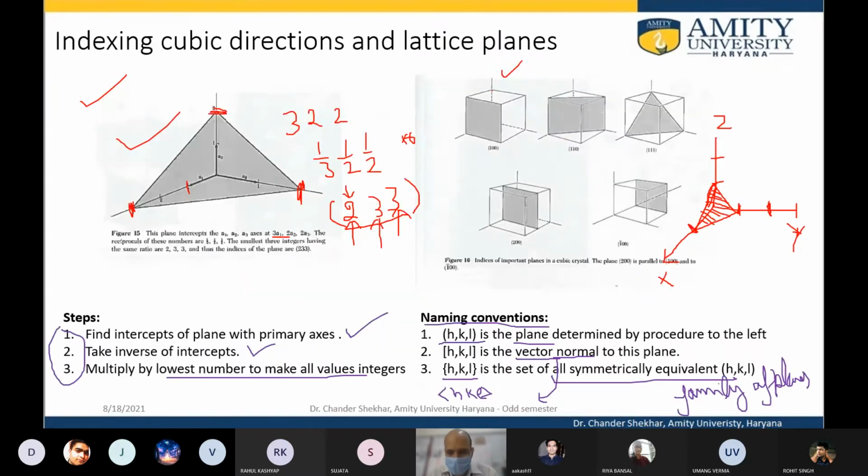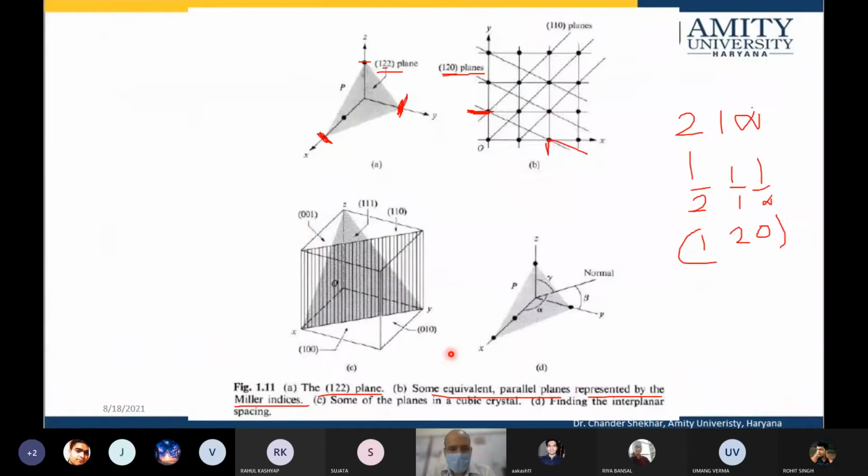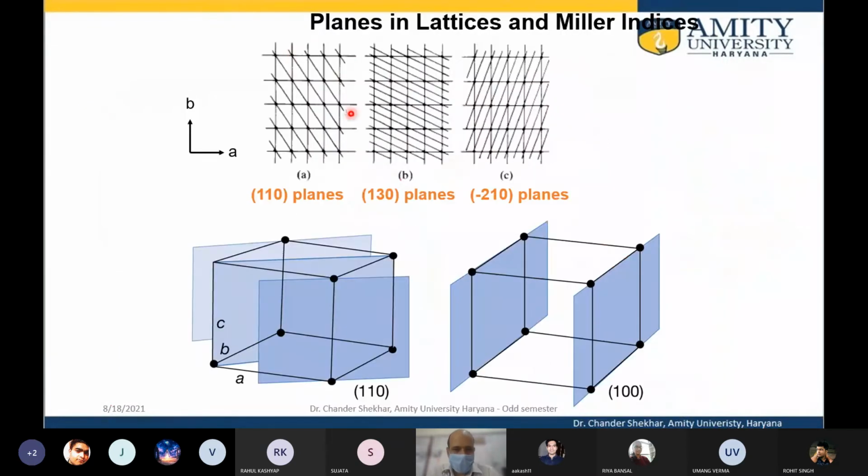The discussion we had till yesterday showed how to determine the Miller indices for any crystal plane, and how the plane is drawn, how the notation etc. goes.